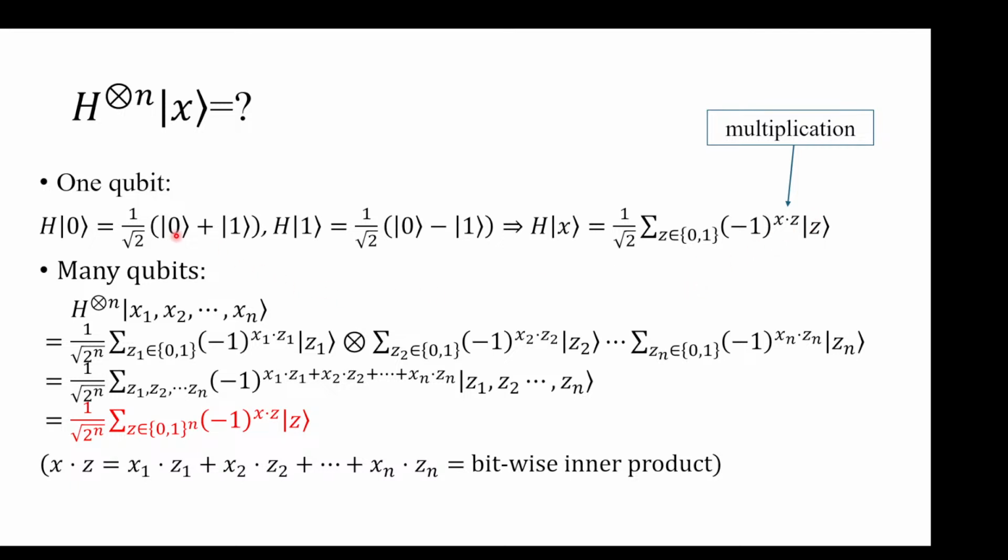What do we mean? That means that out of those four possibilities, you only see a minus 1 between one state pair. Between your input 0, 1 and output 0, 1 pair, only when both input is 1 and output is 1, you get a minus 1 phase.